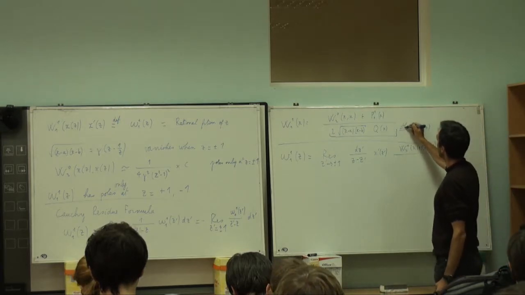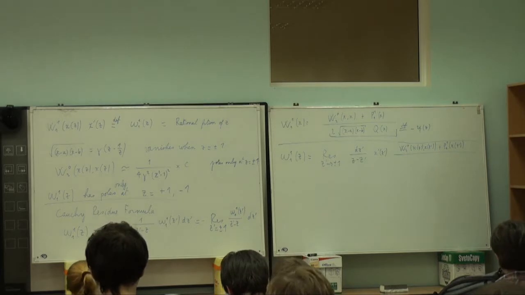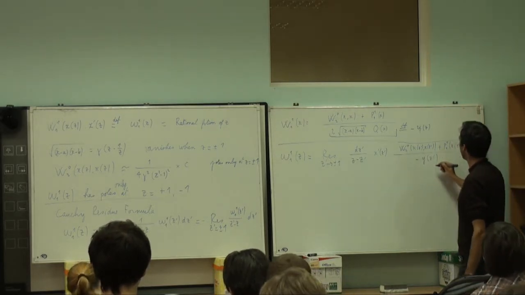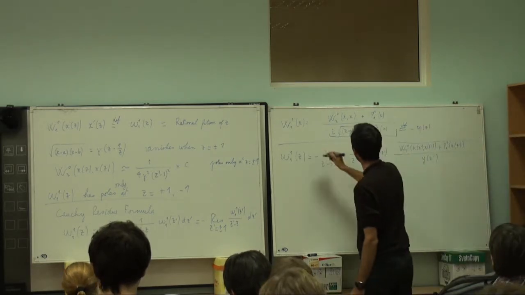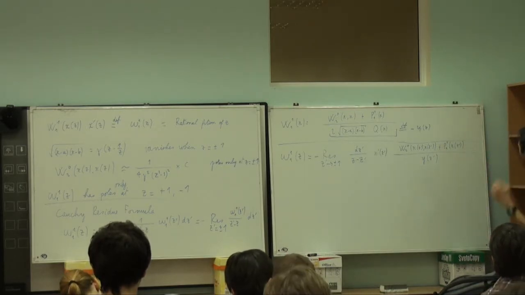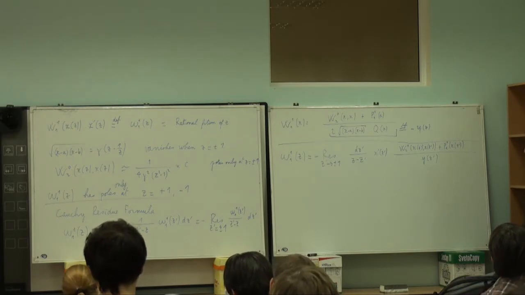This is a definition, just to make it shorter. So this is minus y of z prime. Well, okay, let me put the minus again here. Minus y of z prime. So this is what we have.